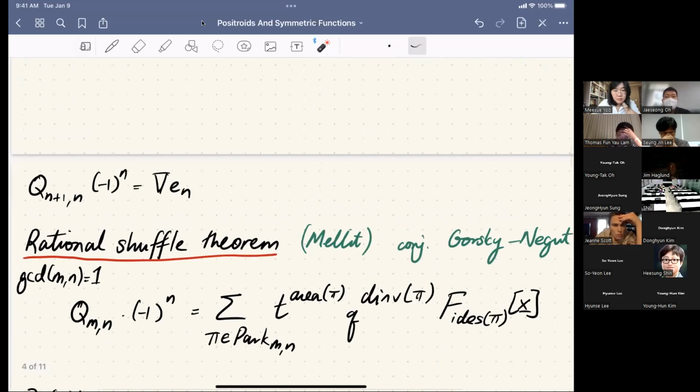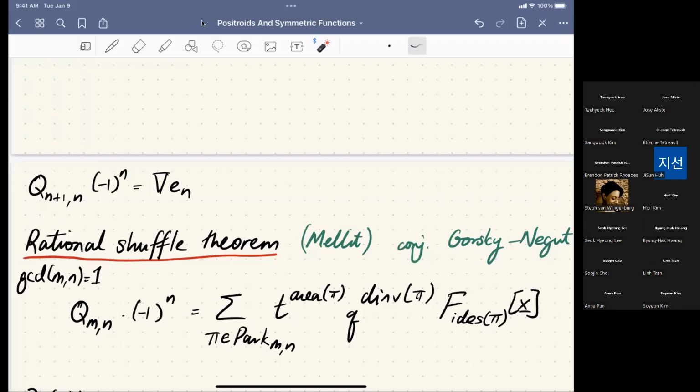A particular special case of this operator is probably pretty familiar: the symmetric function operator Q sub n+1,n, if you act on plus or minus 1, you get nabla of e_n, which is the subject of the shuffle theorem.